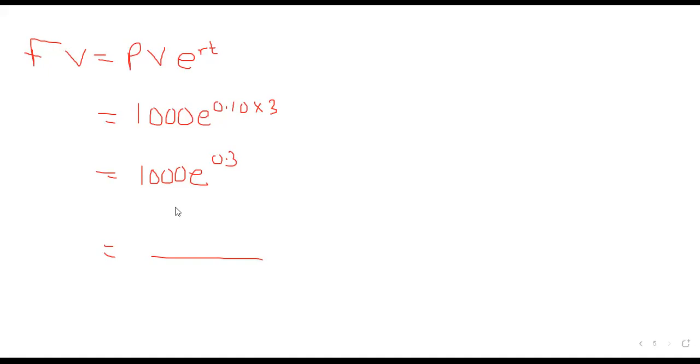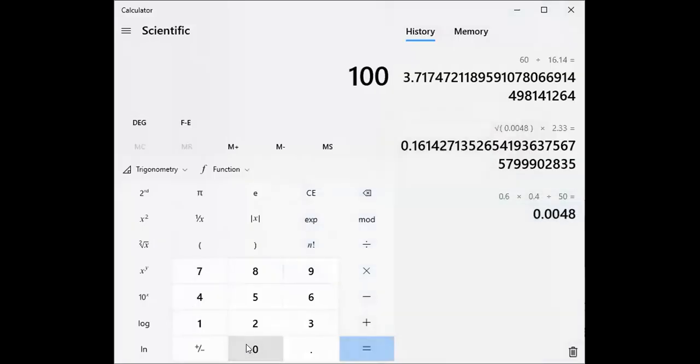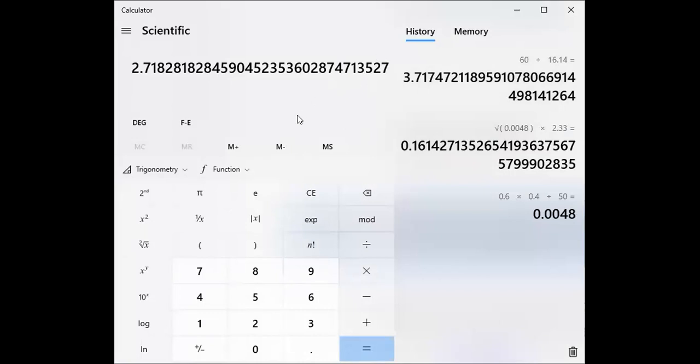So the e is this one. We first start with e to the power 0.3. You compute, what are you getting?